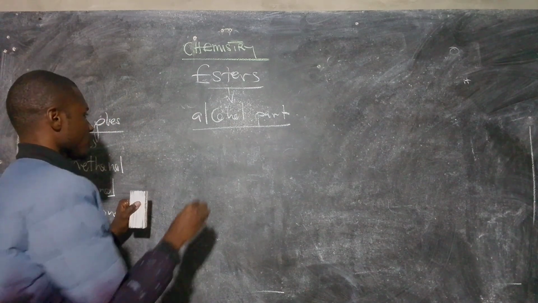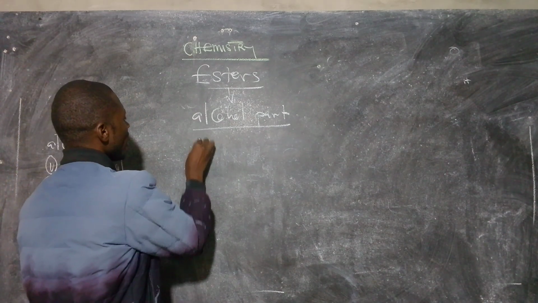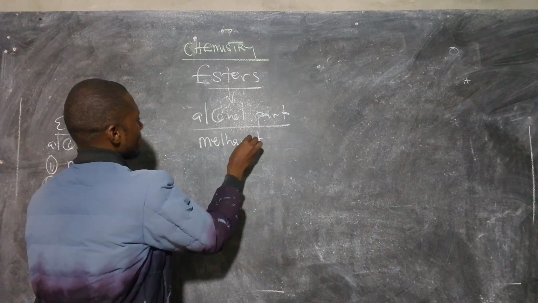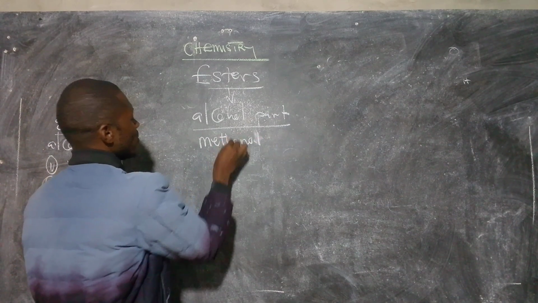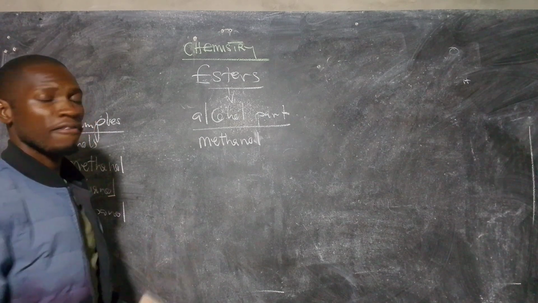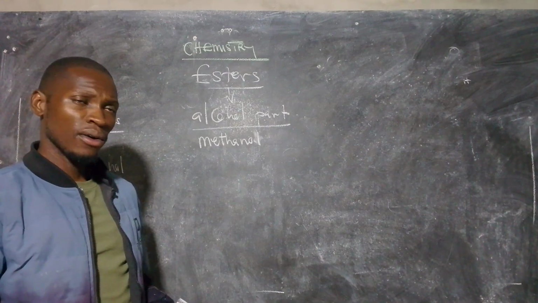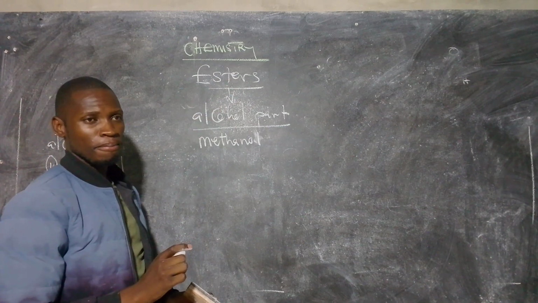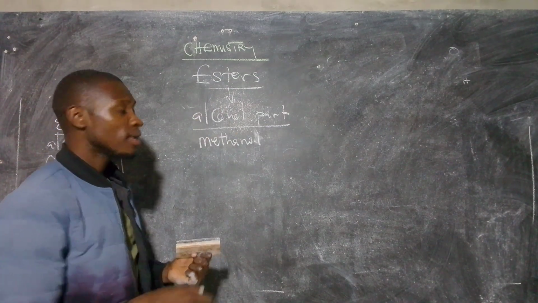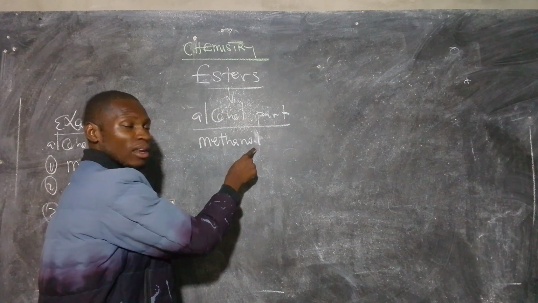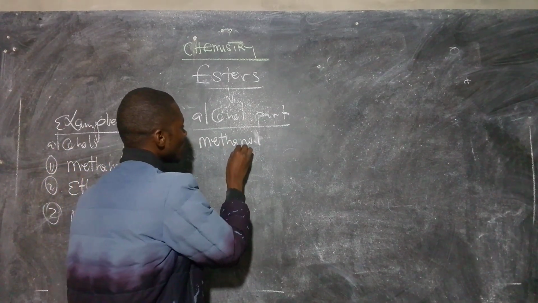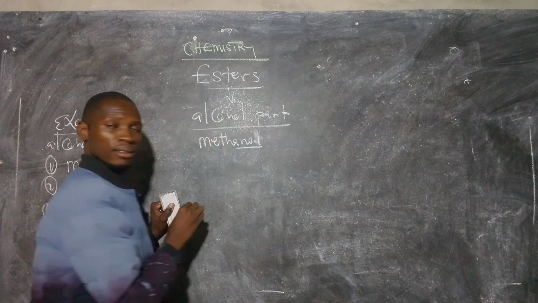What are some of the rules we should understand under the alcohol part? Number one, if I have methanol like this, for me to form an ester, this methanol, which is an alcohol, will lose its ANOL part.